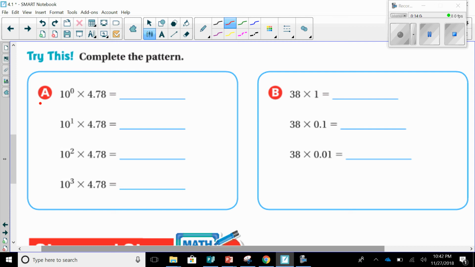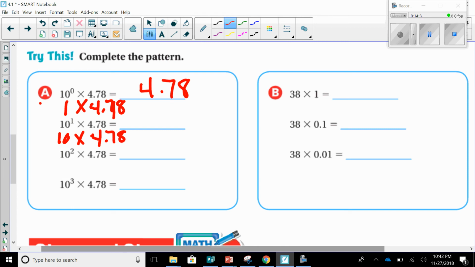In section A here, 10 to the power of 0 just means that we're multiplying by 1, which is the same thing as 1 times 4.78. Ooh, that's a bad 8. This little thing's hard to write with. Okay, so 1 times anything is the other number. So we're going to write that down. Then 10 to the power of 1 is the same thing as 10 times 4.78.